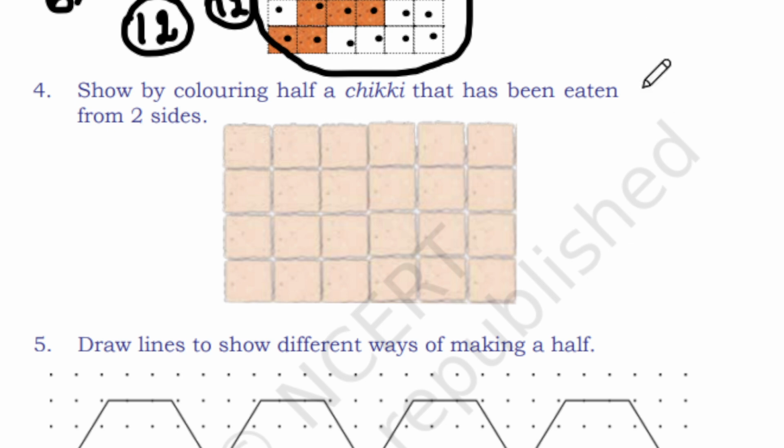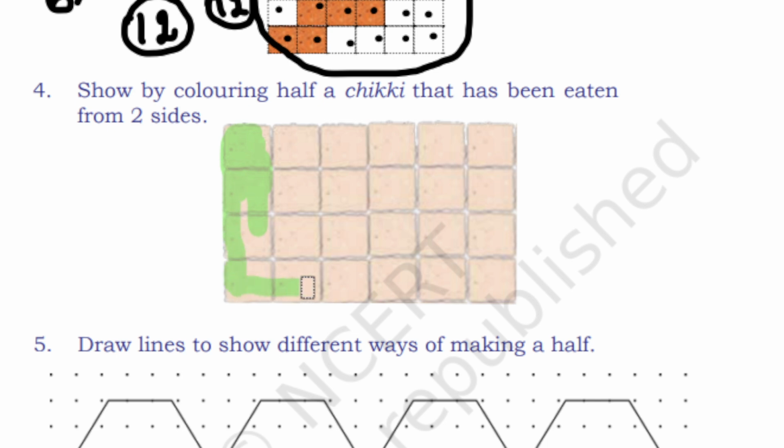So next question. Show by coloring half a chicky that has been eaten from 2 sides. Okay, let's color it out. I'm taking the blue one. So 1, 2, 3, 4, 5, 6. 1, 2, 3, 4. Again, 24 chickies are there. So we need to color this out.